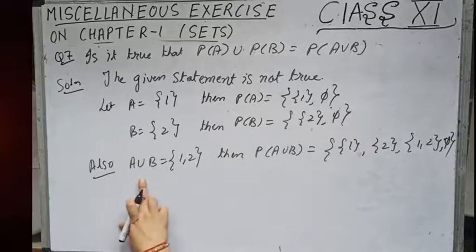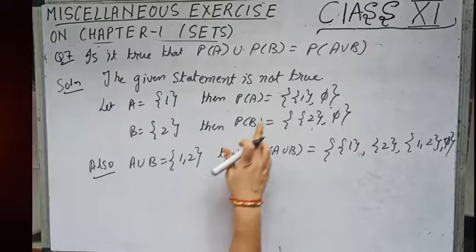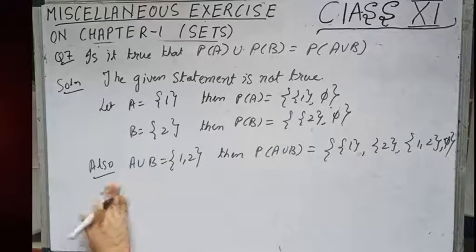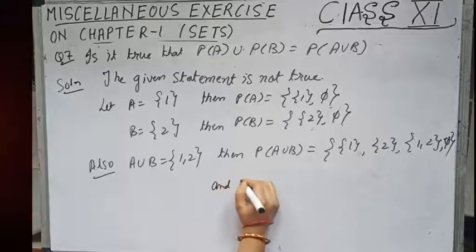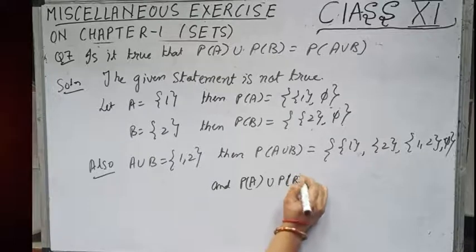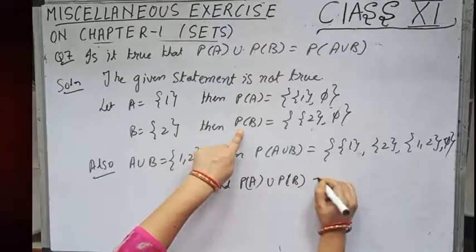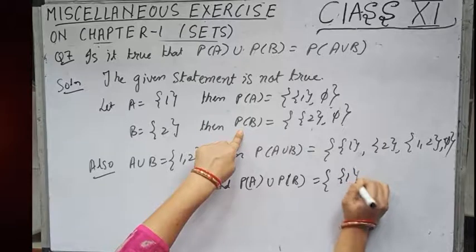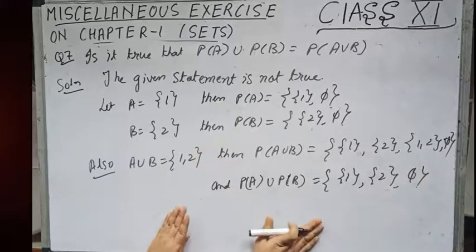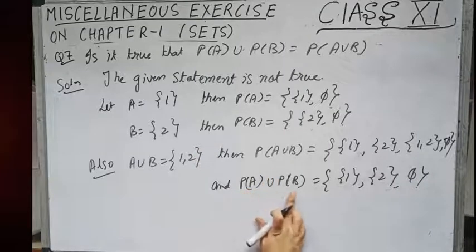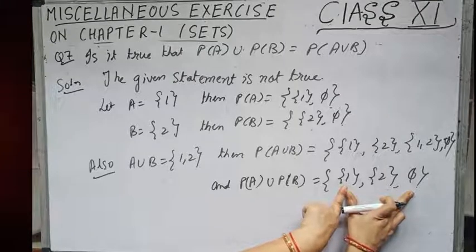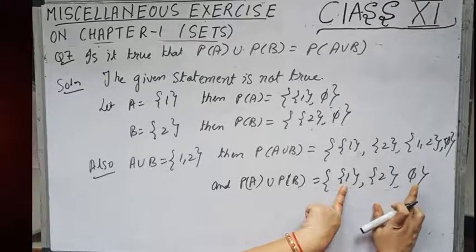Now clearly, children, let us also find power set of A union power set of B. Power set of A union power set of B equals the set containing {1}, {2} and the empty set.